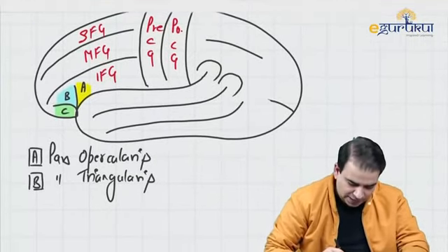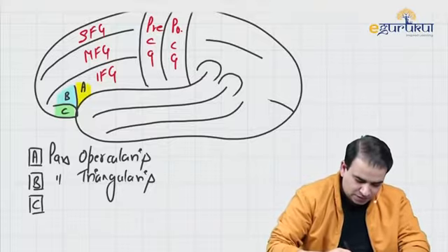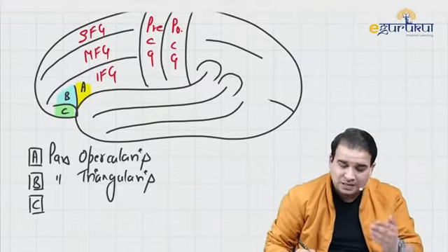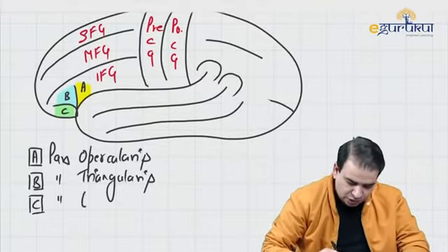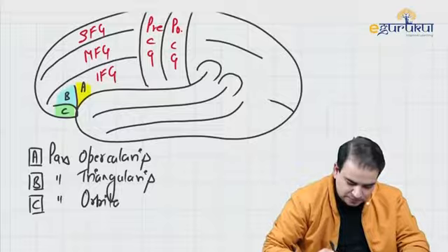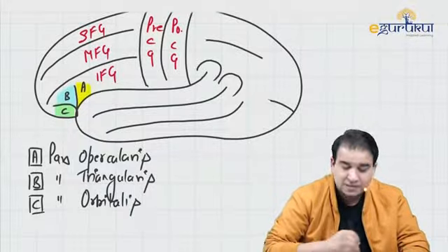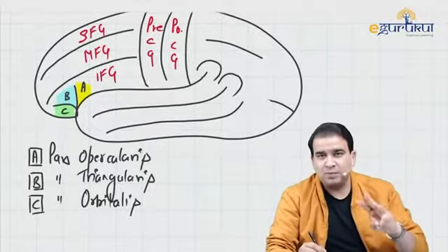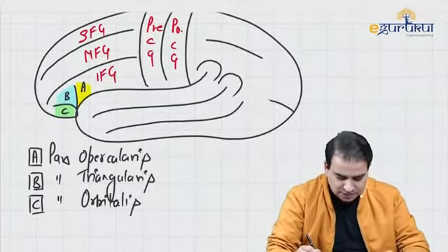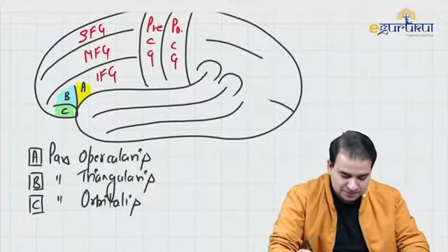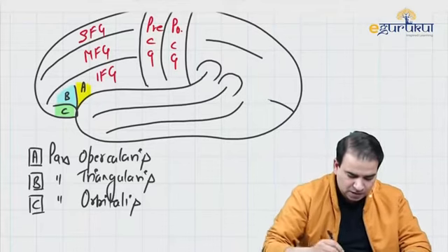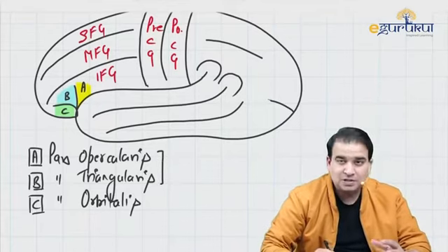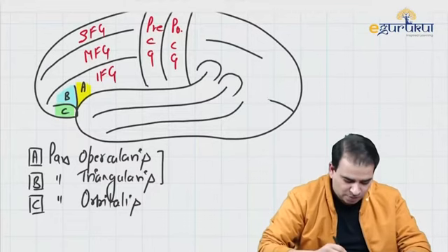And if you look at the area C, which is present below this anterior limb, that is called pars orbitalis. So we have these three important areas here: pars opercularis, triangularis, and orbitalis. Especially these two are very important because they will have Broca's area in them. So we'll talk about them in a minute.